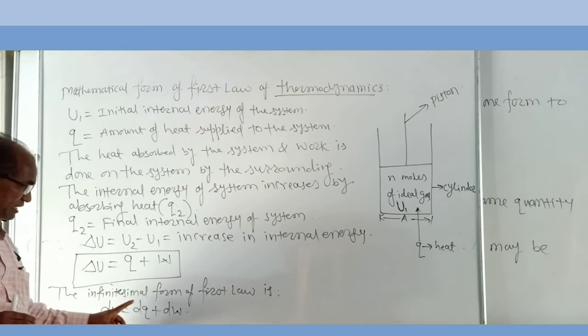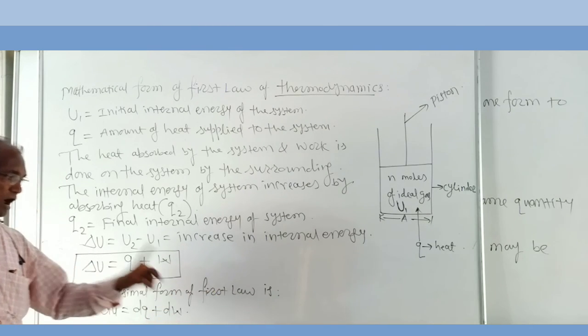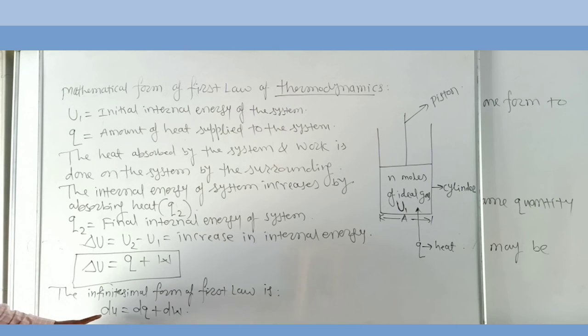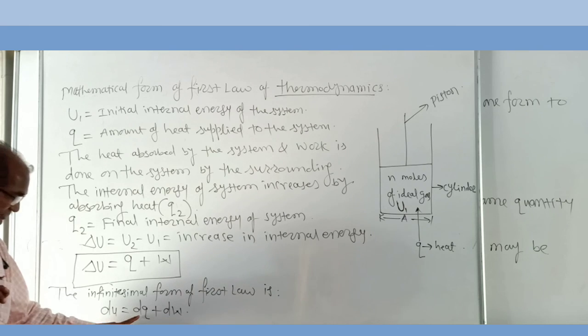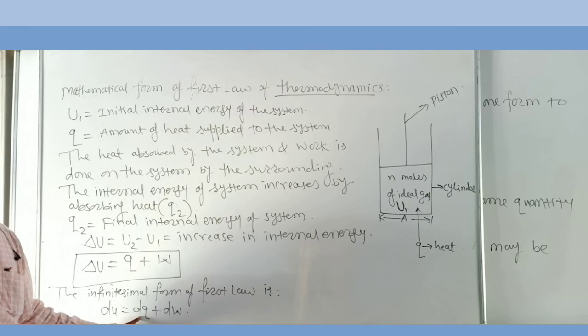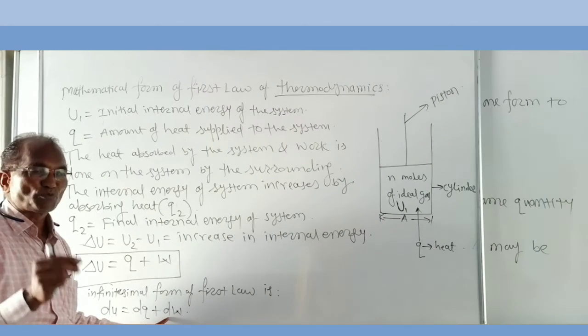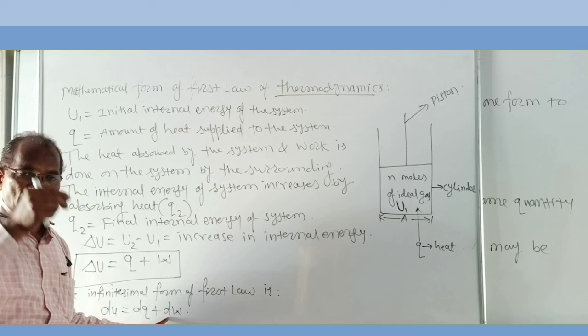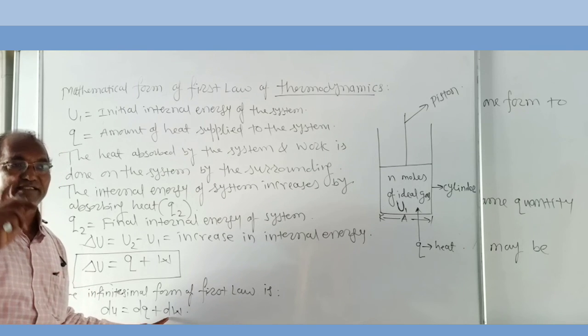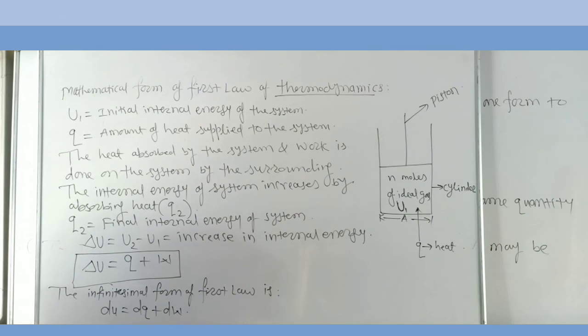Here dU means very small increase in internal energy, dQ means very small amount of heat absorbed by the system, and dW means very small work done on the system by the surroundings. That is the mathematical form of the first law of thermodynamics.